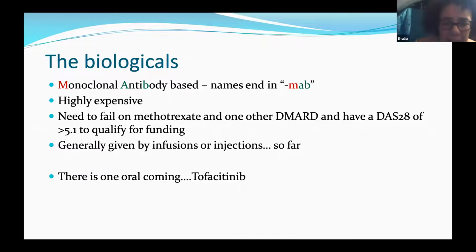There are some guidelines. Patients need to have a DAS28 of more than 5.1 to qualify for a biologic. Usually they are given by injections or infusions. Right now we have the JAK inhibitors like tofacitinib, baricitinib, filgotinib that are given by mouth. Next.